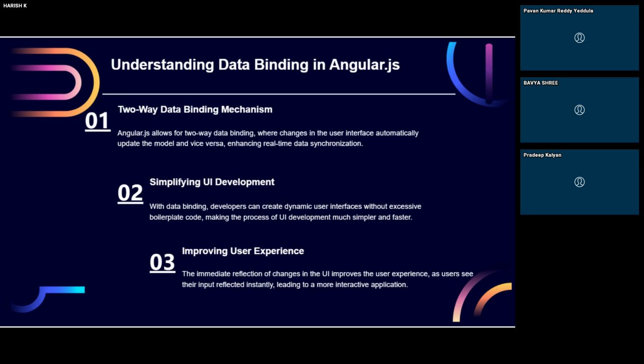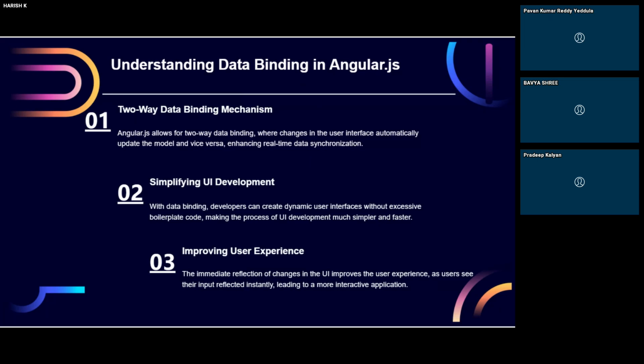So, understanding data binding in AngularJS. I will say a little about how the functions are bound together here. AngularJS allows developers to extend HTML by creating custom directives, and we use the special feature known as data binding in AngularJS. There are three aspects.